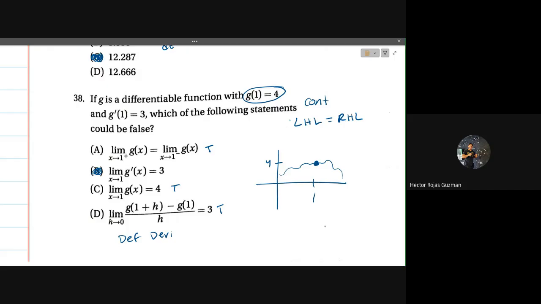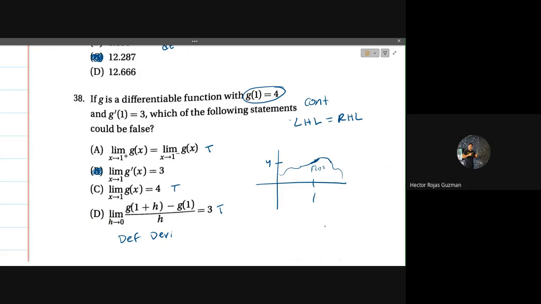All the other ones, yeah. Why is that false? The limit as x approaches 1 of g prime equals 3. Let's think about this real quick. My drawing right here is just a sketch, right? Because in reality, the graph should have been more like this. I'm just trying to make a little line to show you that the slope is 3 at this point.